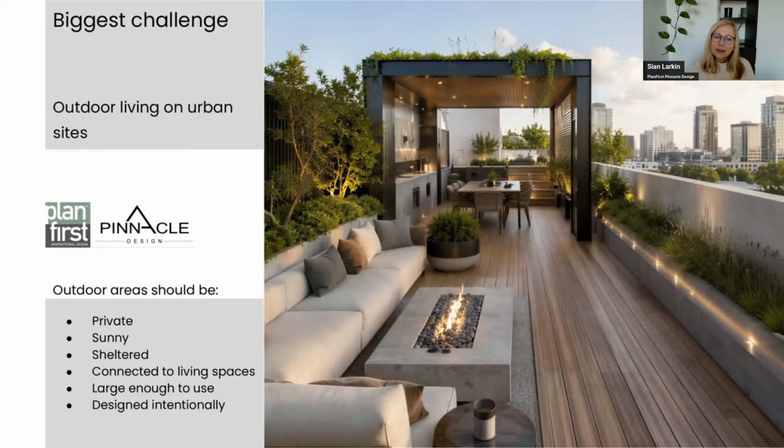That's a great use of the roof space, which otherwise would have gone wasted. And it gives you a whole extra outdoor living area. So really great use of outdoor space. And design everything intentionally. Don't do the roof garden or the roof space as an add-on. Design it intentionally with the rest of the house.